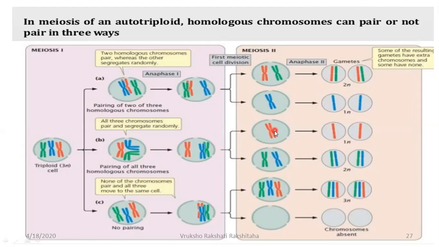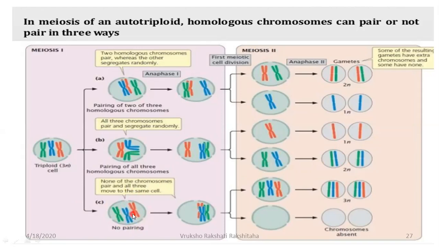When this cell enters meiosis 2, that is anaphase 2, it will form normal haploid gametes, whereas this cell when it moves to anaphase 2 will give rise to unreduced gametes.